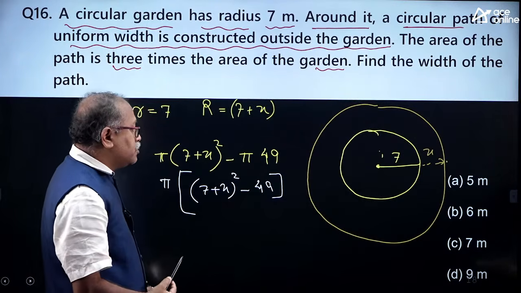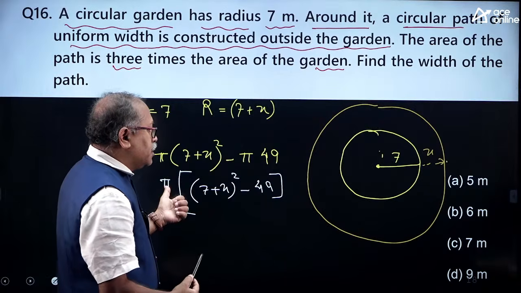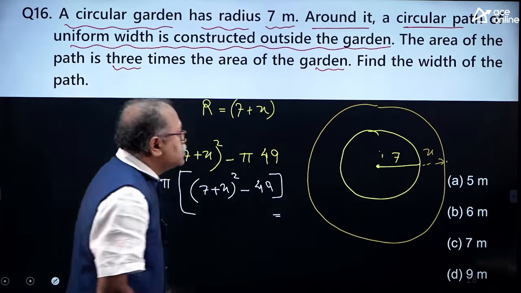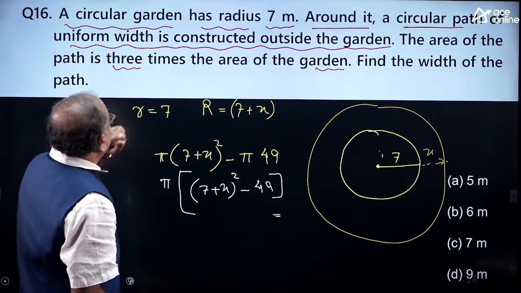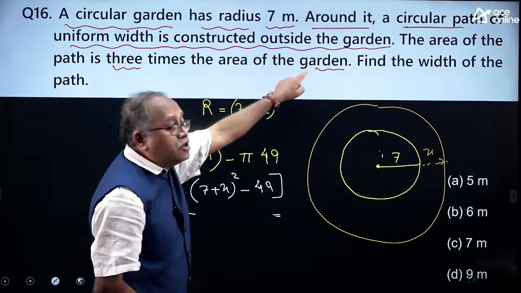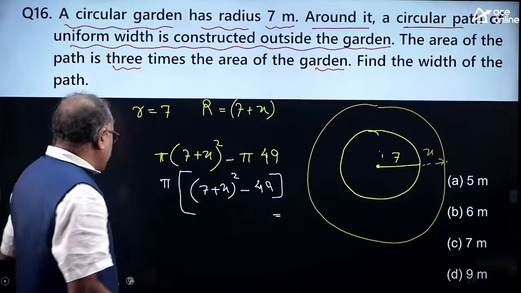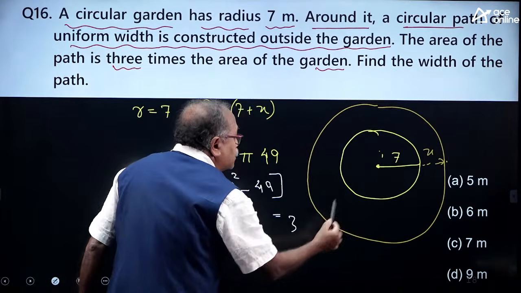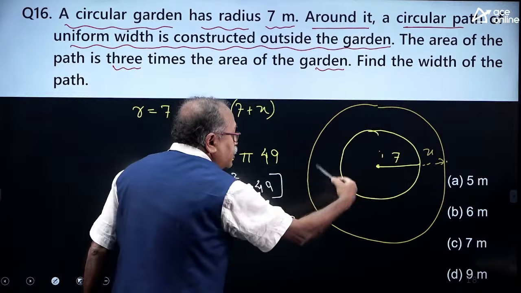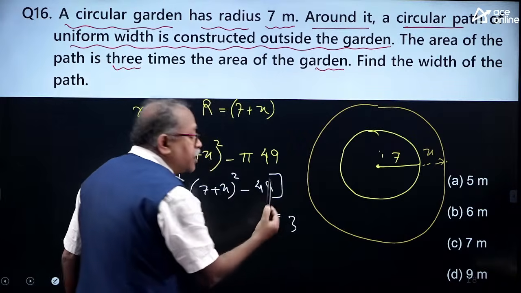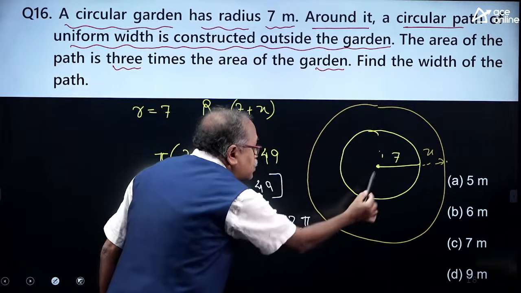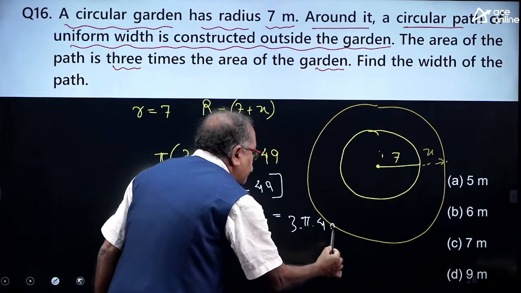So, what are you getting over here? This is the path area, and the path area is 3 times the area of the garden, that is 3 times pi r square, that is 49.